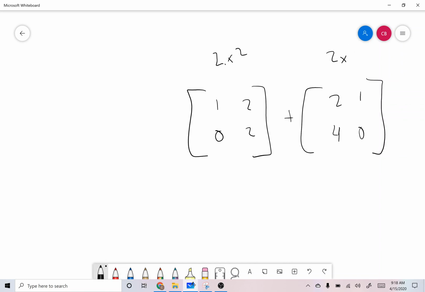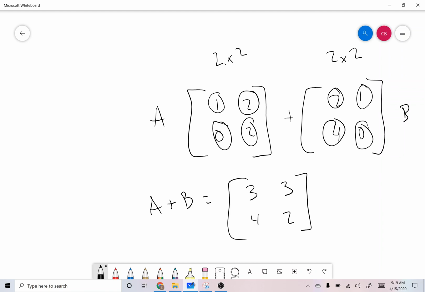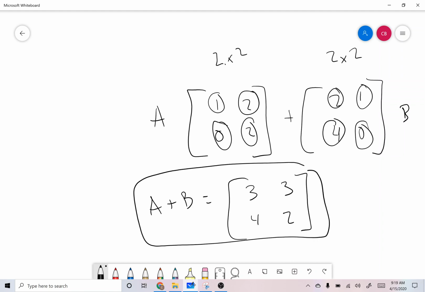Since they're the same size, we simply add this 1 to this 2, which gives us 3. This 2 to this 1 gives us 3. This 0 to this 4 gives us 4. And this 2 to this 0 gives us 2. So if this is A and this is B, then A plus B is equal to the following.